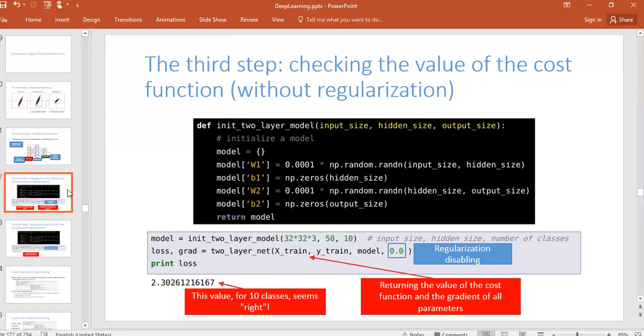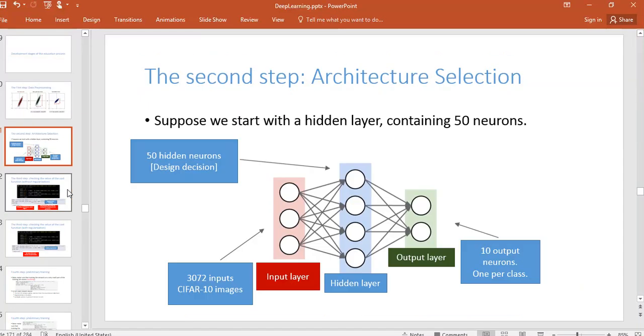But the number of hidden layers and the number of neurons in these layers will be a little trial and error. For now, we start our work with a layer containing 50 neurons.